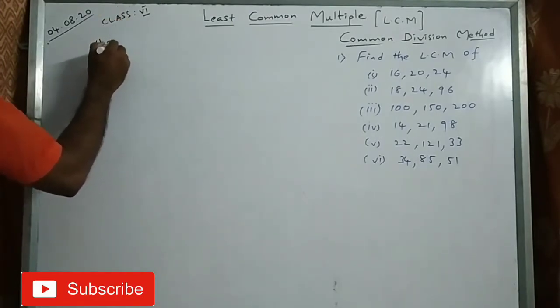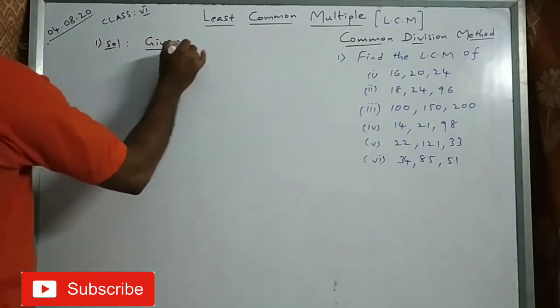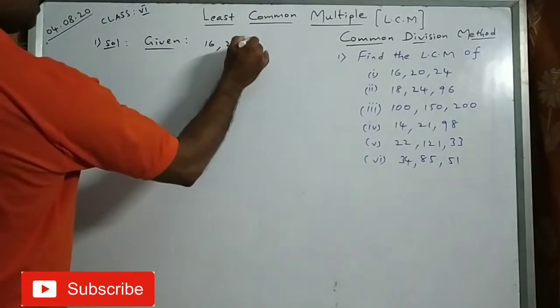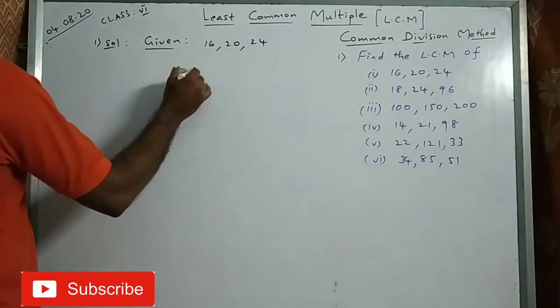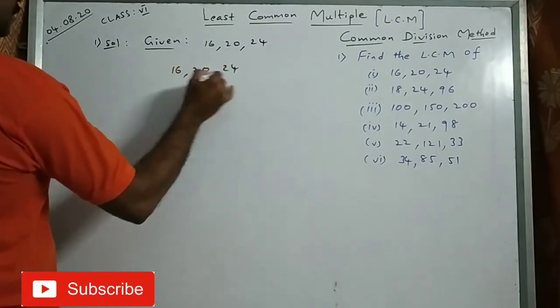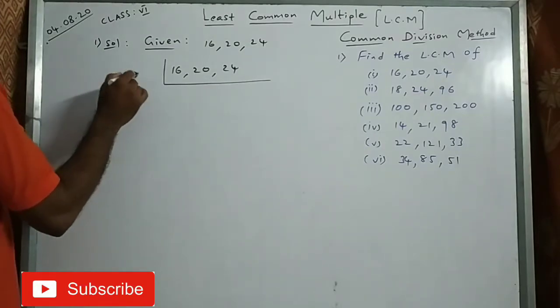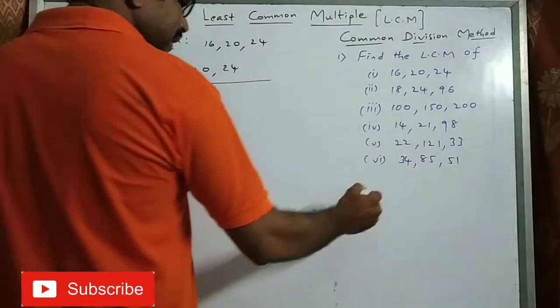First one, solution we will see. What is given here? 16, 20, 24, right? Now common division method means like this. You have to put a line like this. Here we have to take only prime numbers. What are the prime numbers?